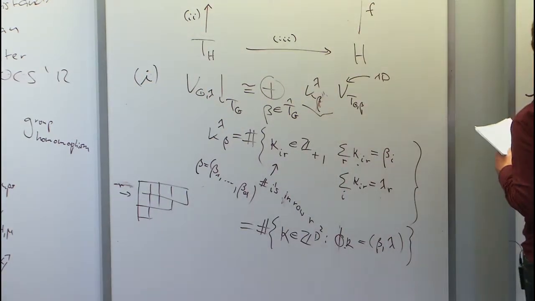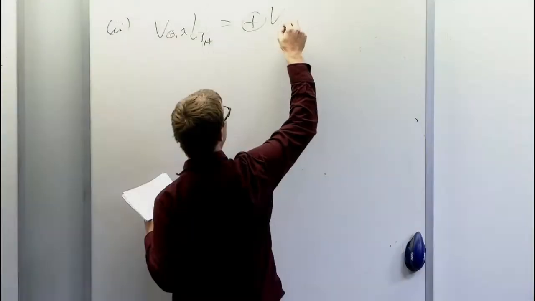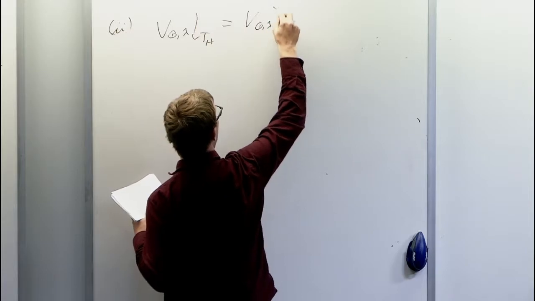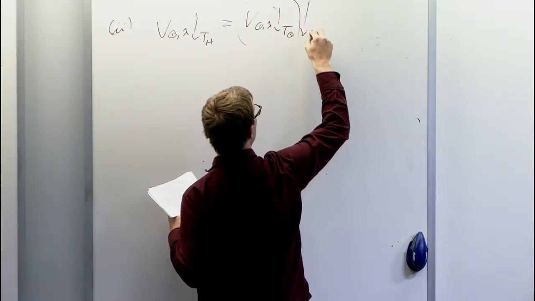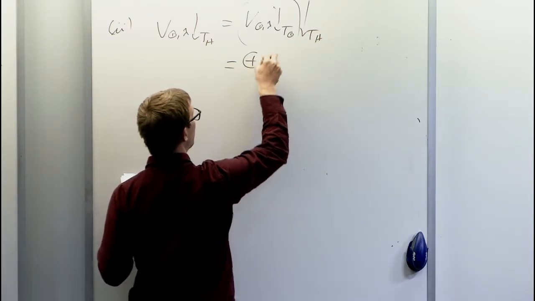So what we really want to understand is V_G lambda going to T_H now. But that I do in two steps. I first do V_G lambda, and I'm going to go to T_G, and then I'm going to go to T_H, right? And the first thing I already did before.